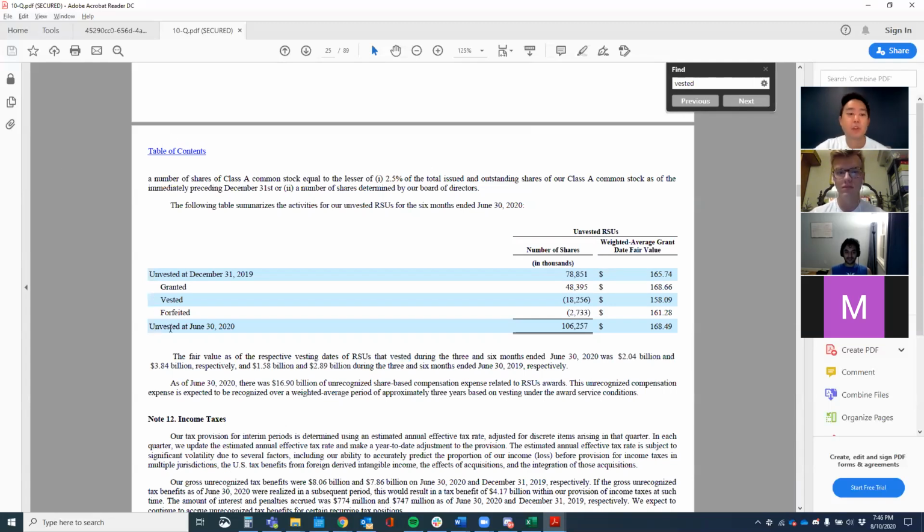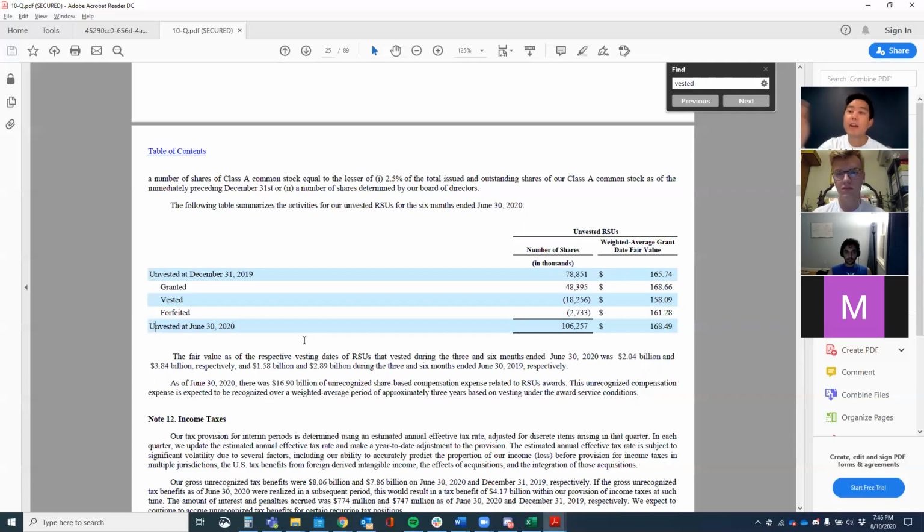So RSUs are a little different than options, right? So options, you can have vested options that aren't exercised, or you can have unvested options that, obviously, you can't exercise because you're not allowed to. RSUs are a little different because they're straight up just giving you shares of Facebook stock, right?